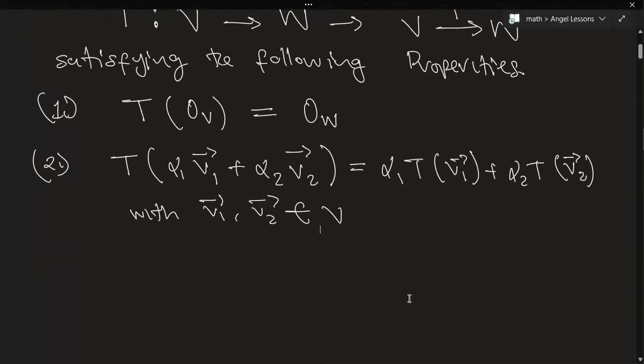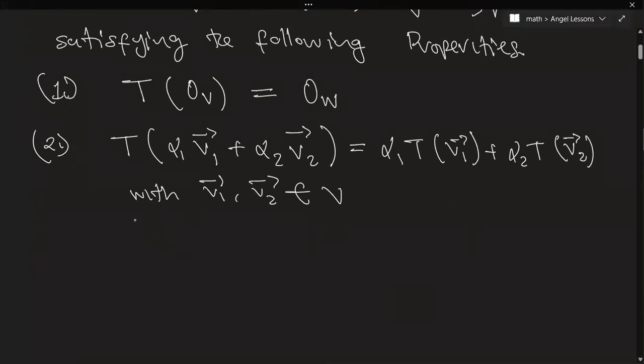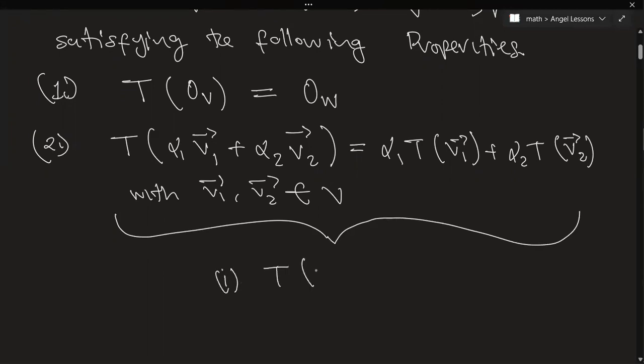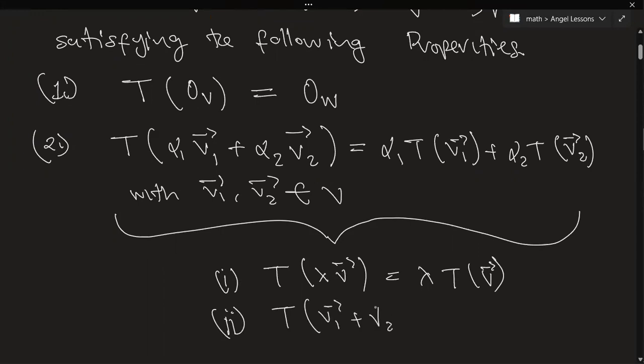But you might find that in some cases, property number 2 is split into two equivalent properties that can be verified separately. That is, verifying that T of lambda V is equal to lambda T(V), and that T of V1 plus V2 is equal to T(V1) plus T(V2).